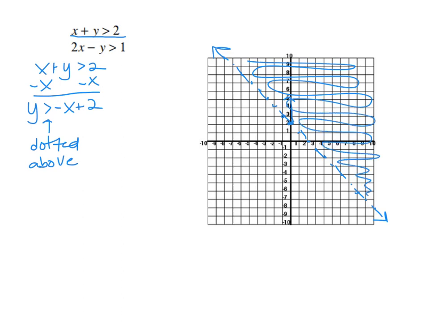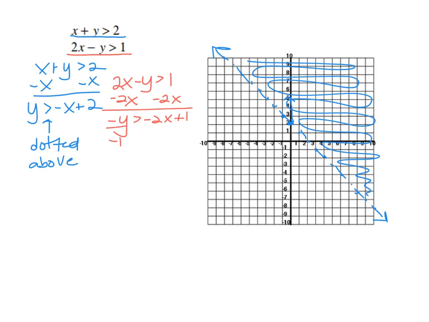If we take a look at the next inequality, 2x minus y is greater than 1. Let's isolate y first. So we'll subtract 2x. And then we have negative y is greater than negative 2x plus 1.